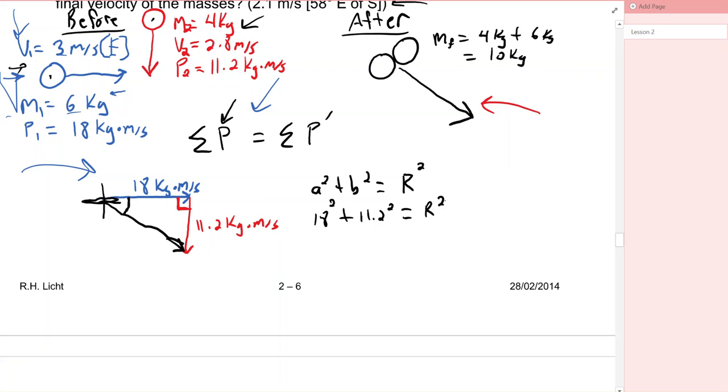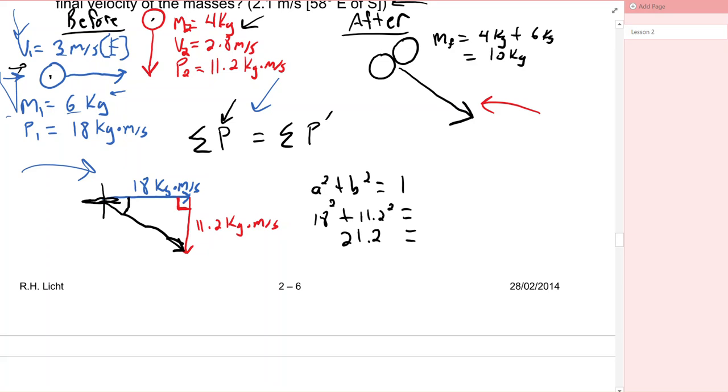Okay, so then in the end, I'm hoping you guys can do Pythagorean theorem. We get an r value of 21.2.